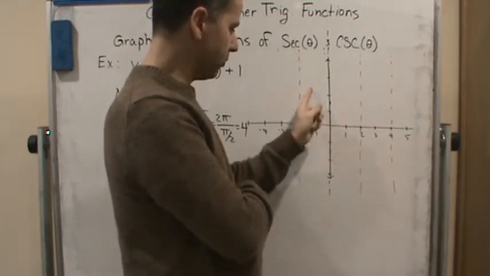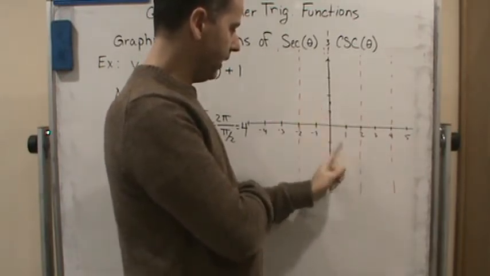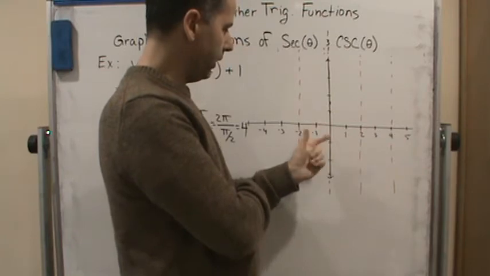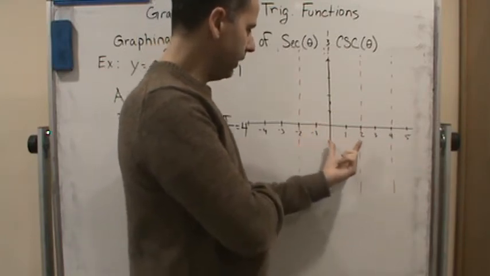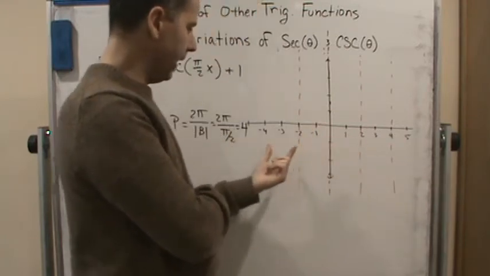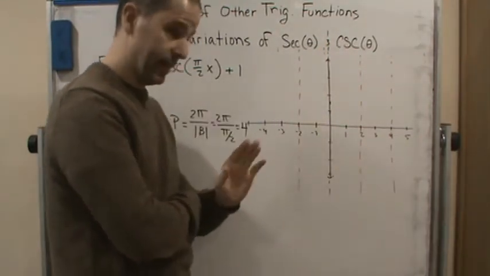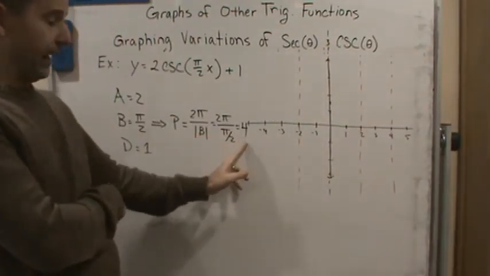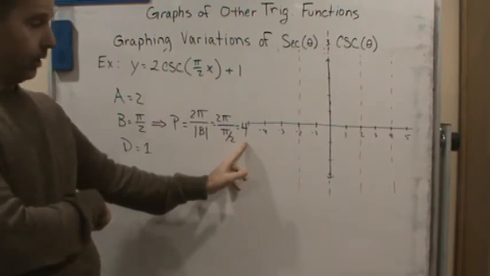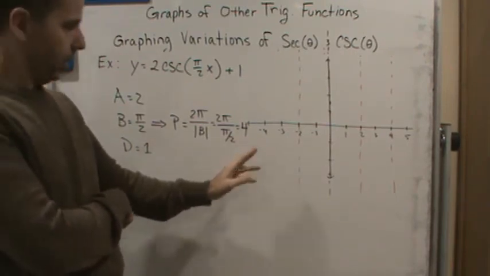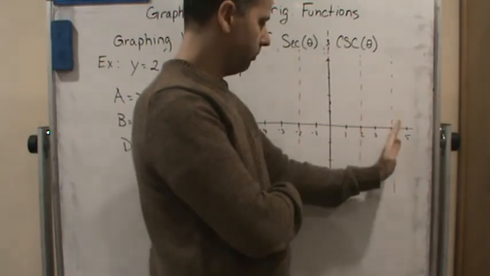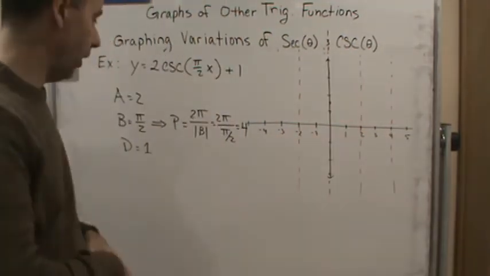So one period, it has to repeat the pattern, right? So if the period is 4, and I know that one of the asymptotes is at 0, and then I know that every half of this will be an asymptote. So that means every 2. Okay, so you can get it that way as well.